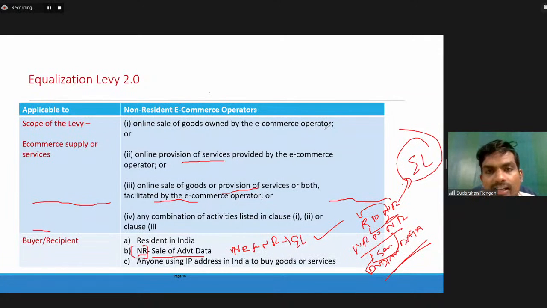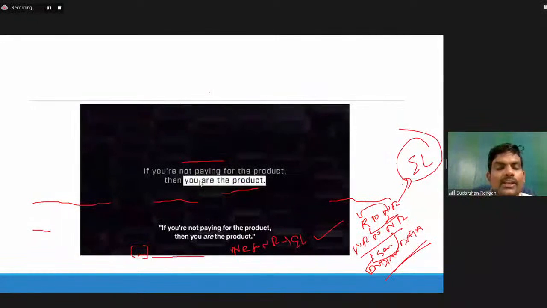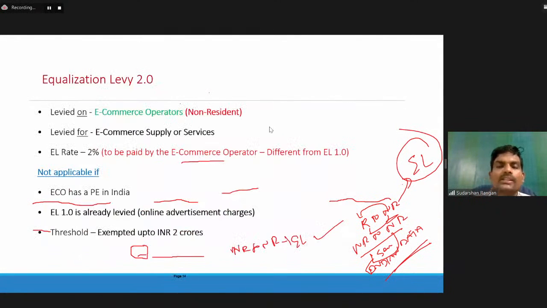So once you have decided to sell, the data sale is not illegal. You have given your consent. This is what the slide says: if you are not paying, you are the product. They get all the data free from you and sell it, because you yourself have provided consent. Tomorrow in a court, you cannot come back and say they have sold my data.